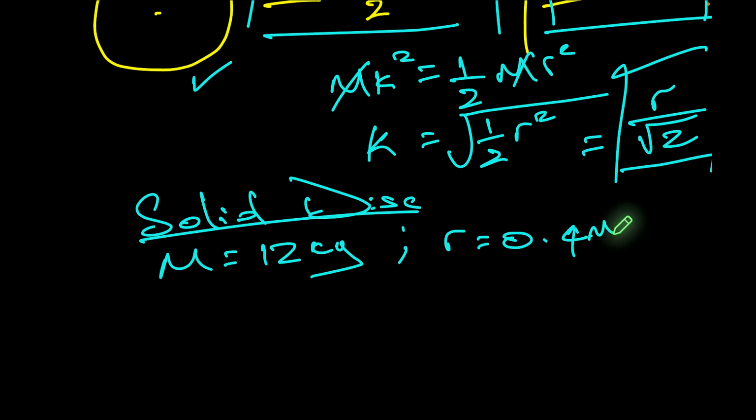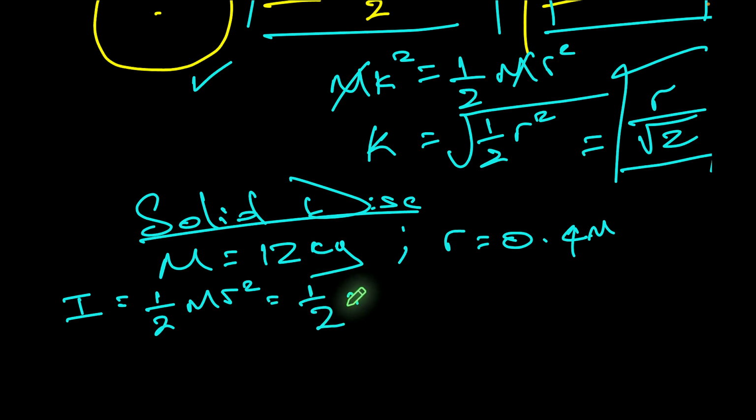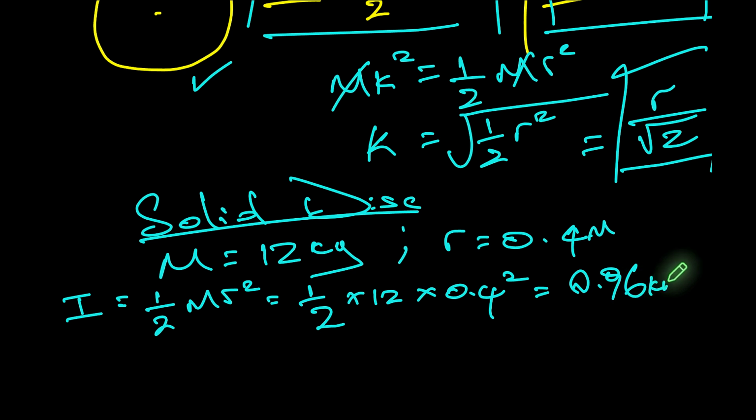If we use the actual formula to find inertia, where I equals half mr squared, then let's see what we get. We would have half times 12 times 0.4 squared. If you put that in your calculator, you get I as 0.96 kilograms meter squared.